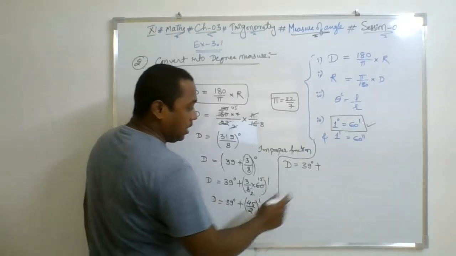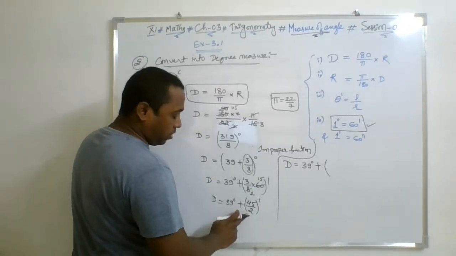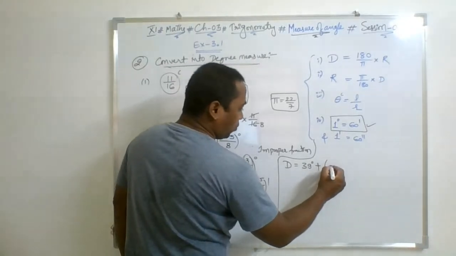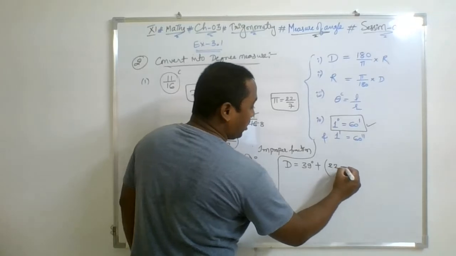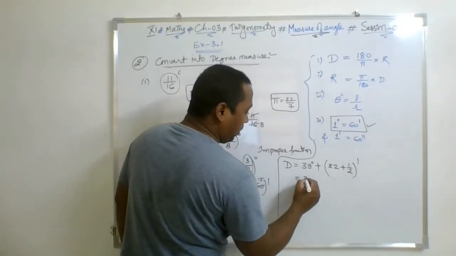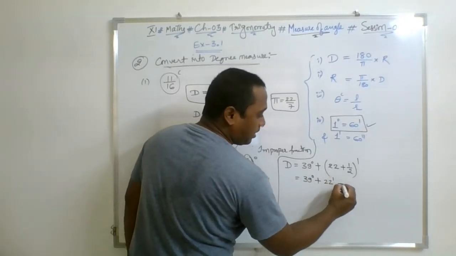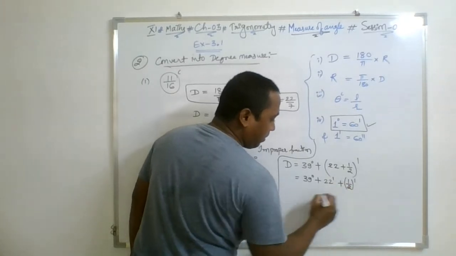Dividing by 2, you will be able to write this improper fraction as a mixed fraction. That is 2 twos are 22 and half. Yes, 22 plus half minute. So it will be equal to 39 degree plus 22 minutes plus half minute.